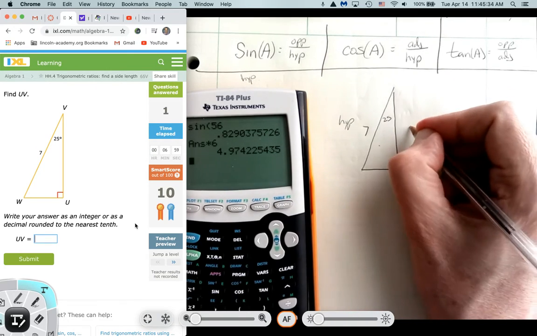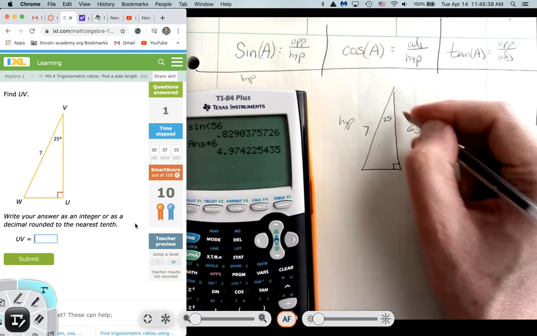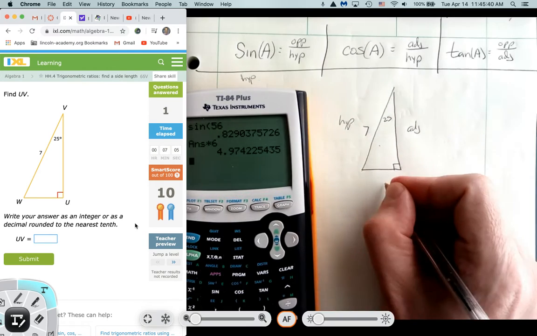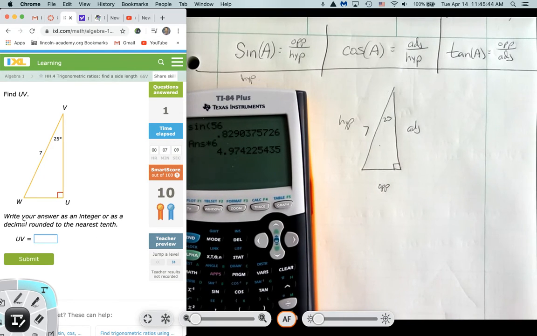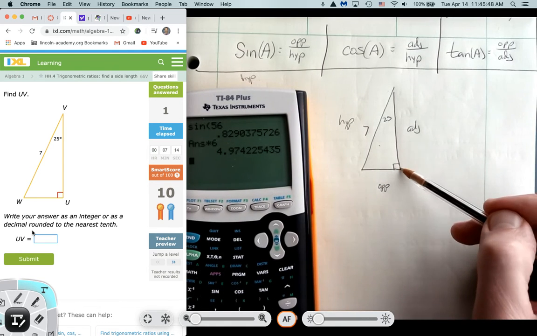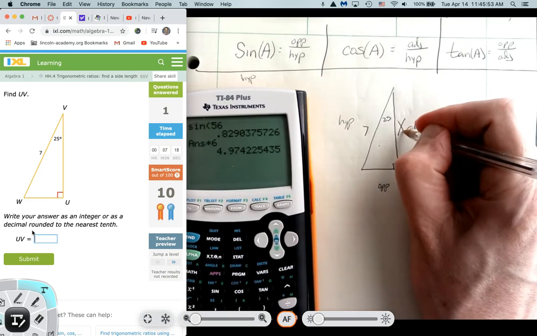This will be my adjacent side because it forms angle 25 with the hypotenuse. This over here is my opposite, and it wants me to find the length of UV. UV is from here to here, so it's the adjacent side. So I'm going to look for this x value.